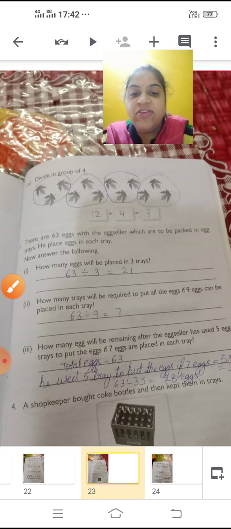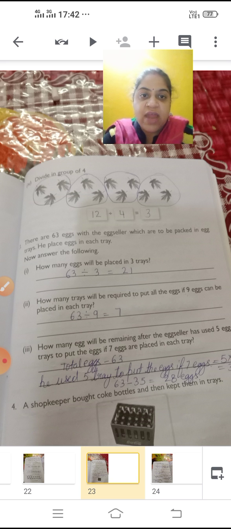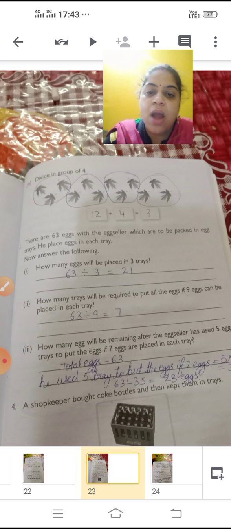There are 63 eggs with the egg seller, which are to be packed in egg trays. He placed dash eggs in each tray. Now answer the following. How many eggs will be placed in 3 trays?